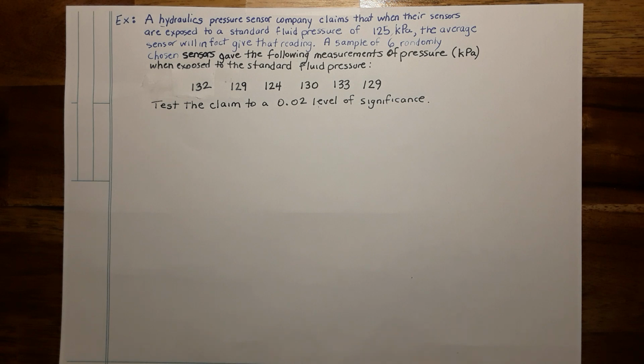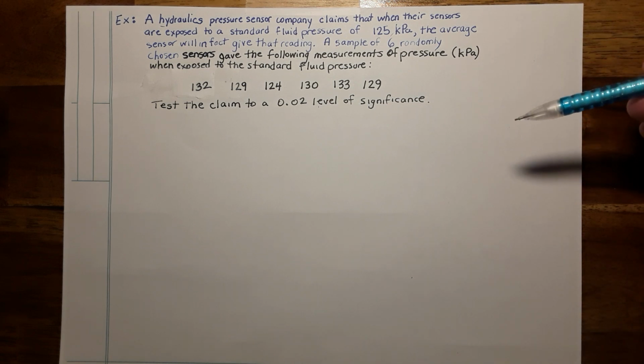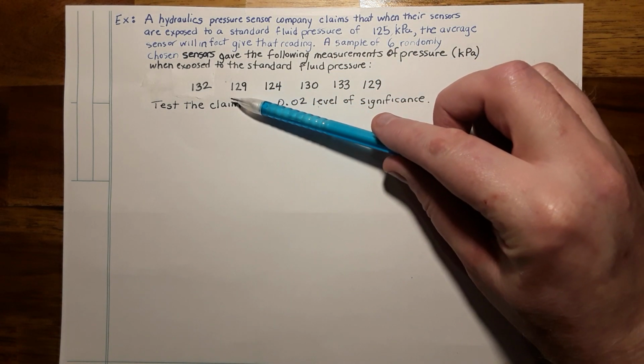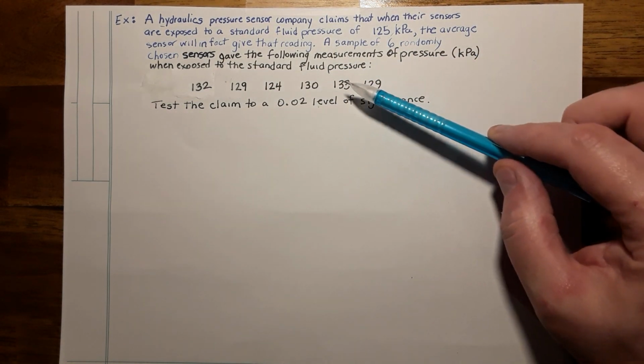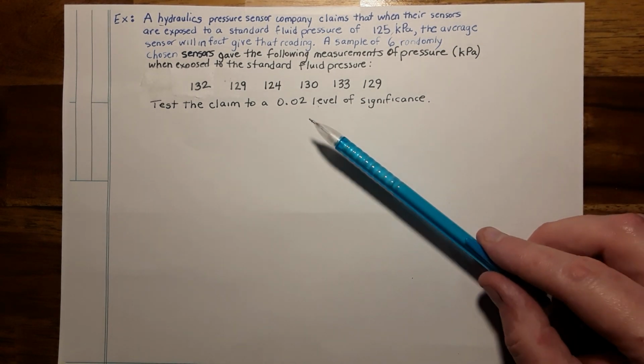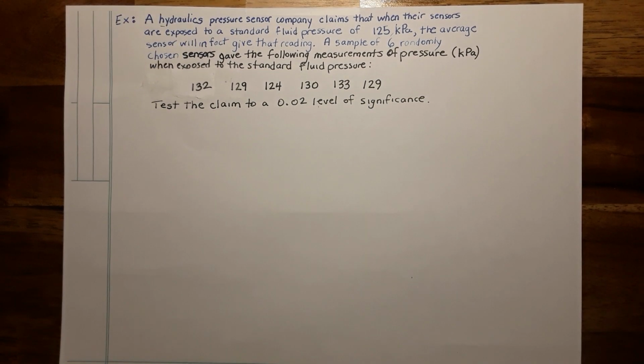A sample of 6 randomly chosen sensors gave the following measurements: 132, 129, 124, 130, 133, and 129 kilopascals. We are supposed to test this manufacturer's claim to a 2% level of significance.